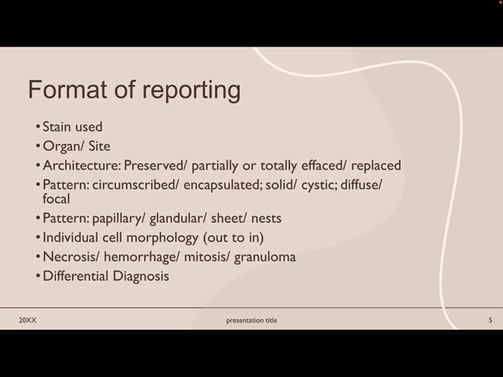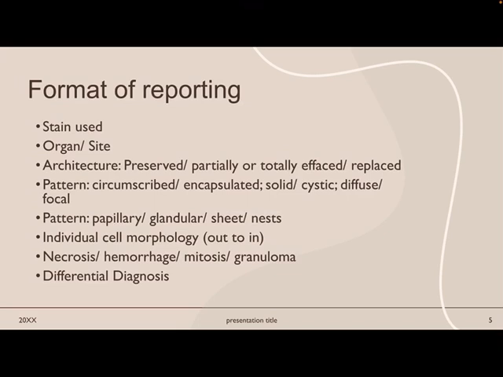I don't know whether IHC is present in some centers, but mostly they keep only HNE slides. Just for the format's sake you have to remember to state the stain used, because for other slides also you have to remember this. Then you have to identify the organ or the site from which the cut has been taken.